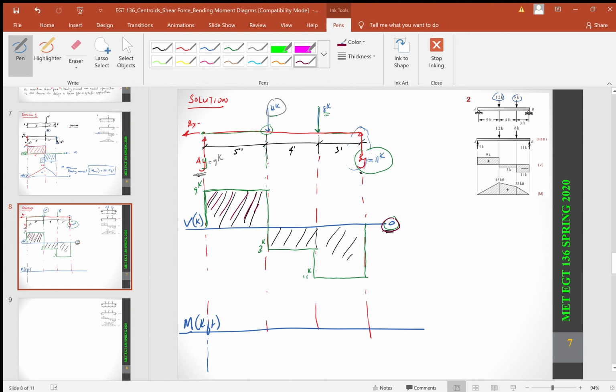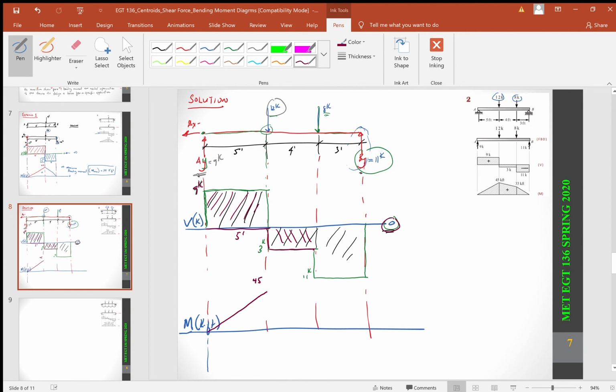So again, whenever we want to translate our shear force into our bending moment diagram, you're taking the area under this geometric shape, and this is 5 feet by 9 kips. That's going to give us 45, and that's going to be a slanted line like this. It's going to be 45. Okay, now this particular geometric shape is 3 by 4, which is 12.